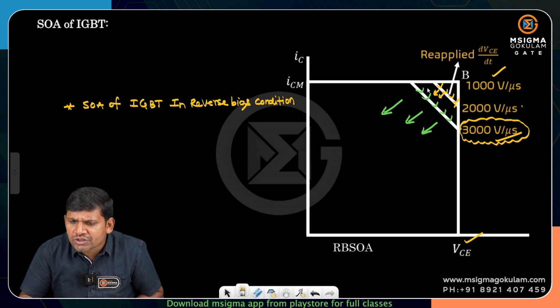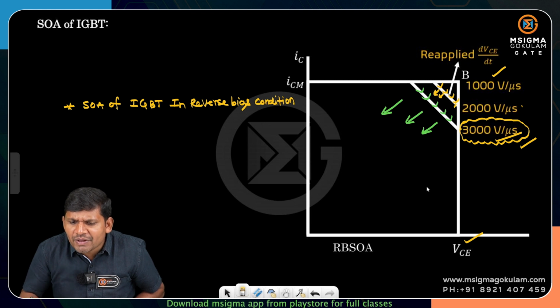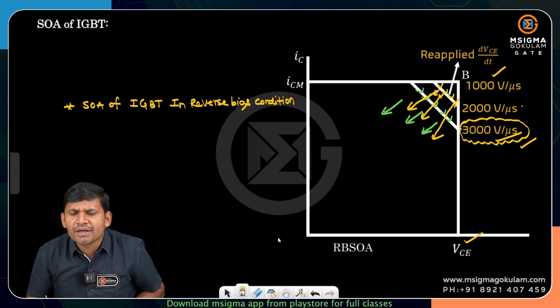Don't take only this portion. That's why the higher the dV by dt, the lesser the safe operating area. If dV by dt is less, the safe operating area is more. This total is the safe operating area.